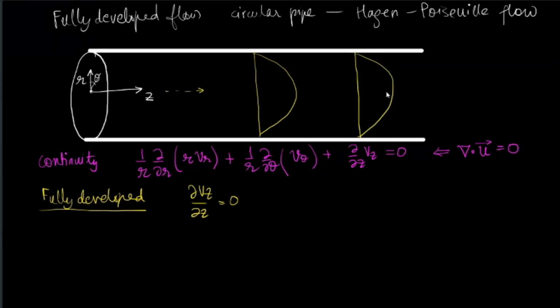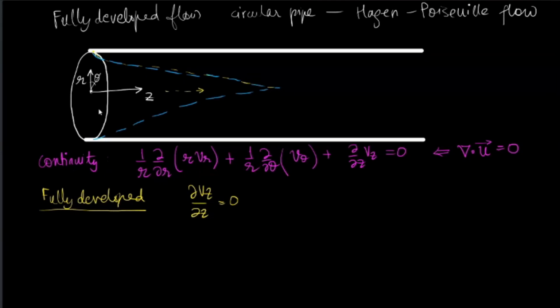Once again, like the plane Poiseuille flow, you will expect that after a certain distance from the entrance, there will be a merging of the two boundary layers. This is the core, and after this spot we have the fully developed regime, in which del Vz del z is equal to 0.